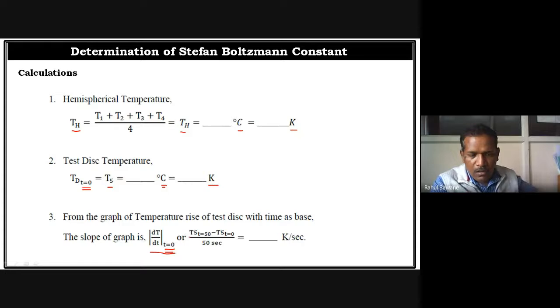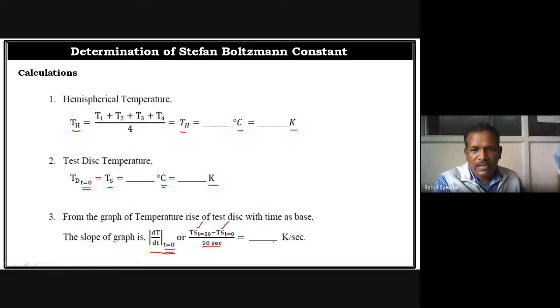It means we note down the T5 temperature for t equals 50 seconds. So T5 temperature when t equals 50 seconds minus T5 temperature when t equals 0 second, and for this the time is 50 seconds. So put the temperature T5 when time is 50 seconds, minus T5 when time is 0, divided by 50 seconds.